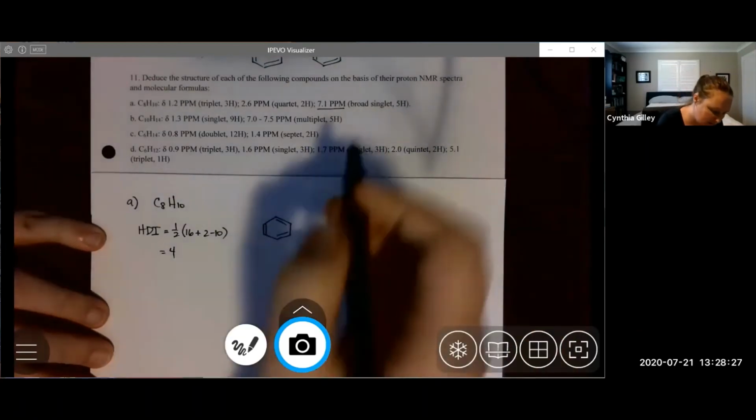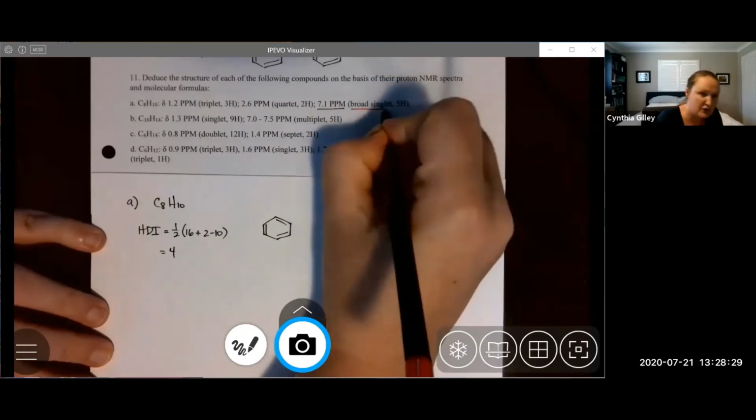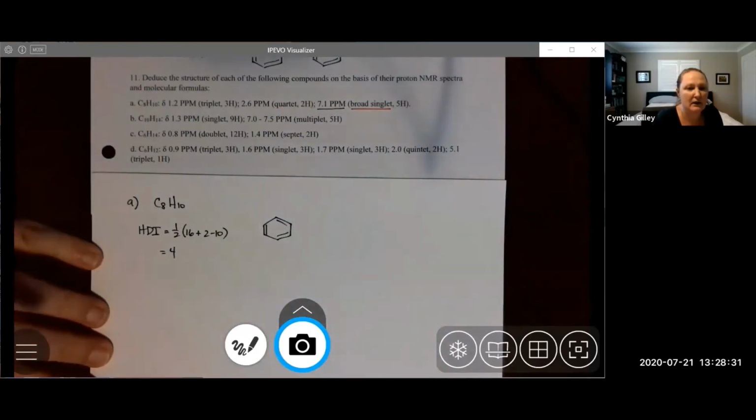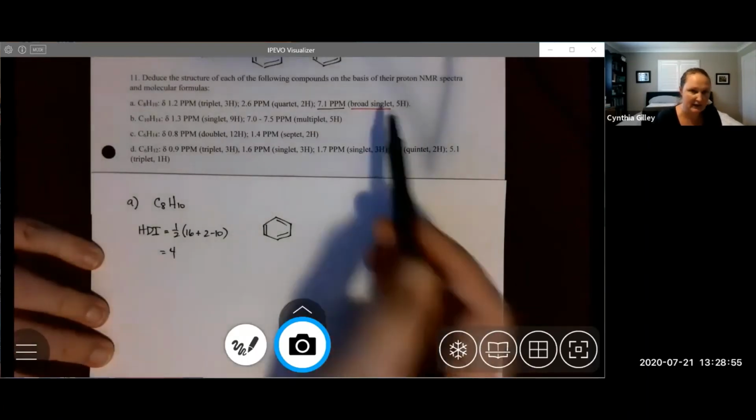But what you should know about aromatic protons in an NMR is that even though they might not be equivalent, they can still overlap. And especially for a phenyl ring, it can even look like a singlet, even though there should be splitting. And the fact that you have multiple signals that overlap, it looks like this broad peak. So that's where the broad singlet comes in.